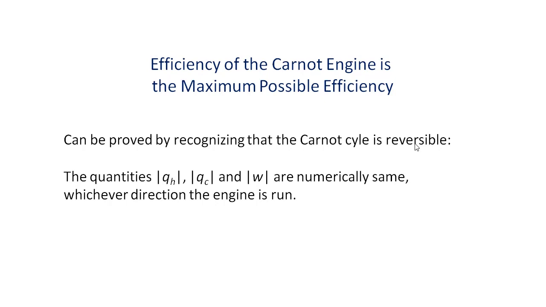Importantly, the quantities QH, QC, and W are numerically the same, whichever direction the engine is running. So, exactly the same amount of heat that is absorbed from the hot reservoir is returned to it when the cycle is reversed. Let us prove that the efficiency of the Carnot engine, and in general any reversible engine, must be the maximum theoretical efficiency of an engine.